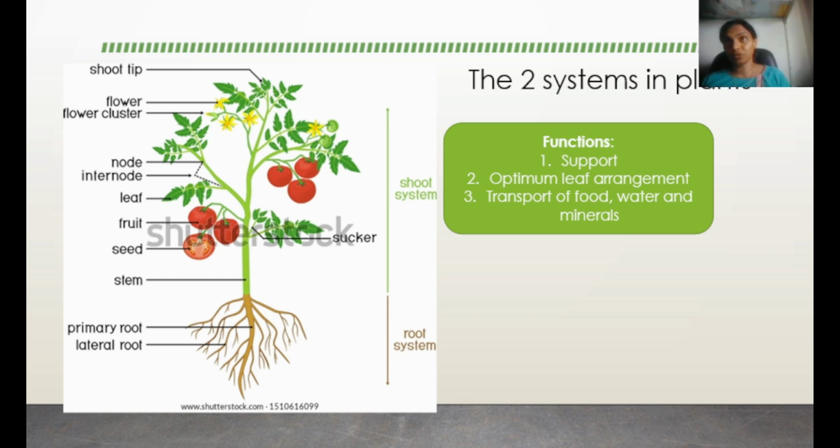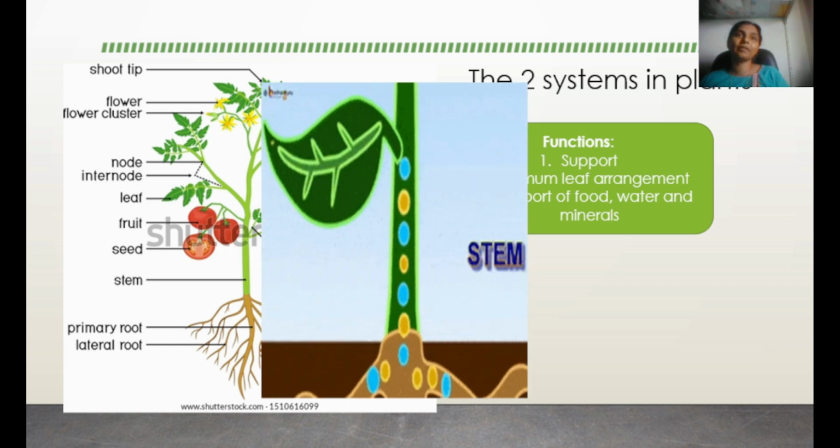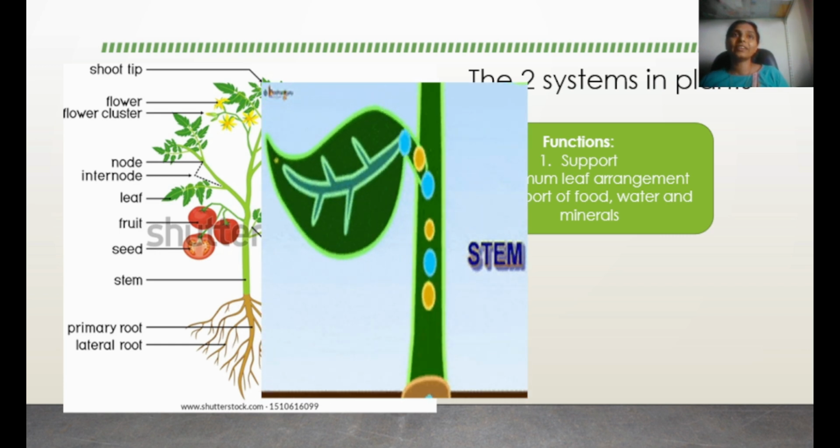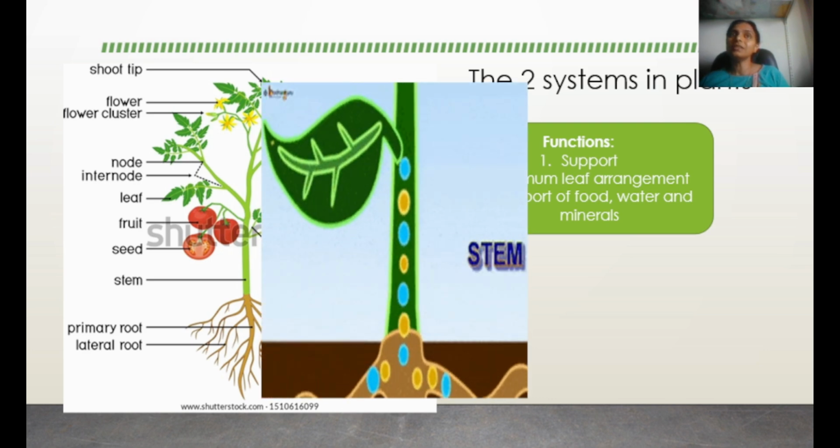Because in plants also, the cells require energy, which is got by breaking down the food that is prepared in the leaves. For that, the food has to be distributed. How can it be distributed? Through the stem. So as you can see, the water and minerals are absorbed by the root, and they travel through the stem to different parts of the plant.